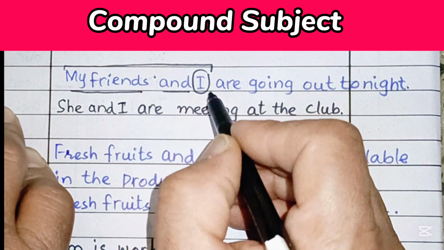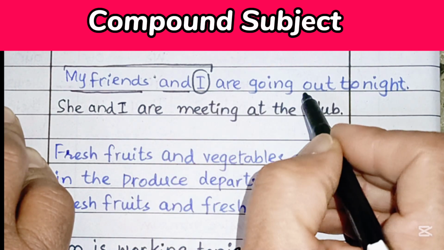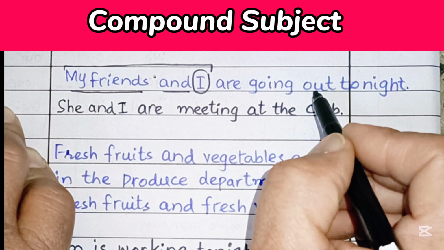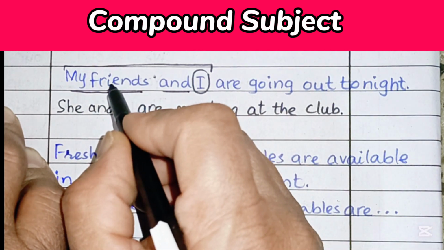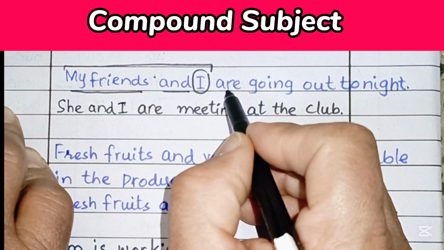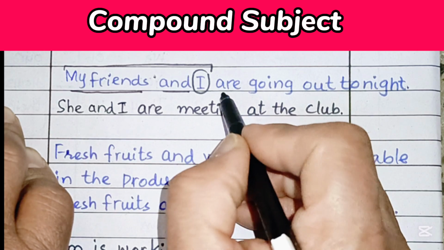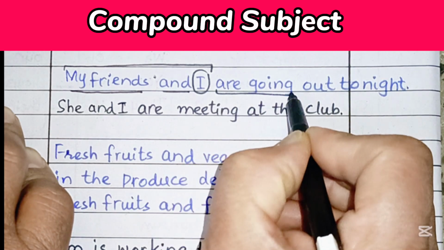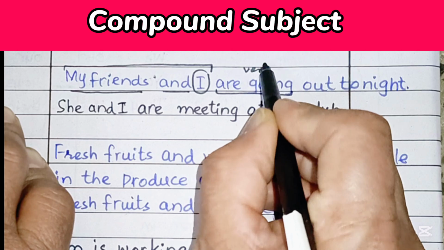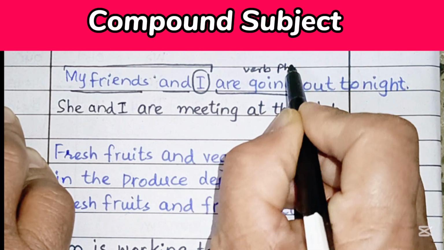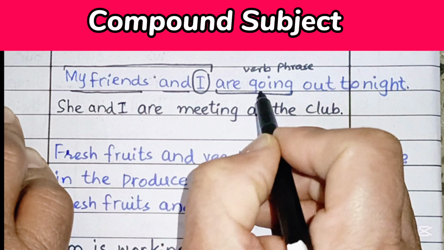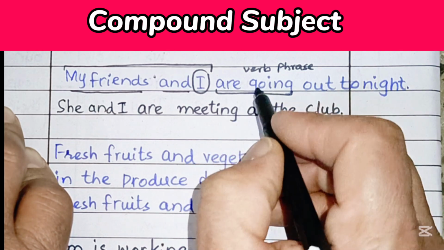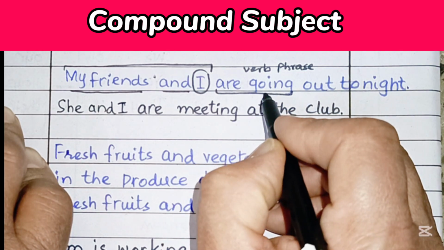My friends and I are going out tonight. Here is the compound subject, and then here is the verb, or we may call it a verb phrase, because it consists of an auxiliary and a present participle.